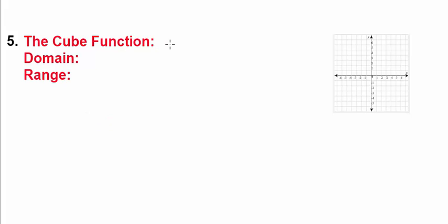Finally, our last function is called the cube function. The cube function is f of x is equal to x cubed. Again, making a table, if we have -2, -1, 0, 1, and 2, the output will be -8, -1, 0, 1, and 8.